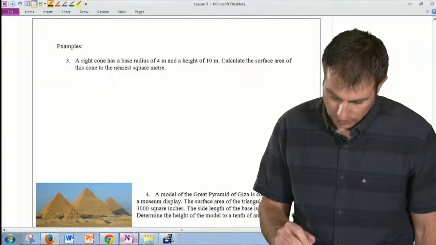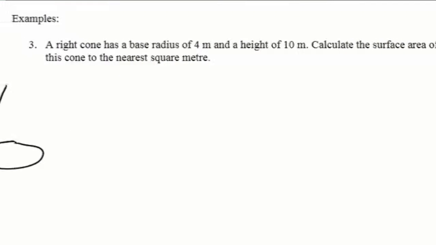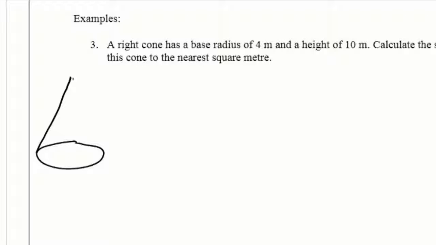So here's my cone. I'm gonna have a circular base, and then I'm gonna have my apex up at the top. There we go. The base has a radius of 4 meters, so I'm going to draw that in. So from the middle of a circle to the edge, that is called the radius, and in this case, it's 4 meters.